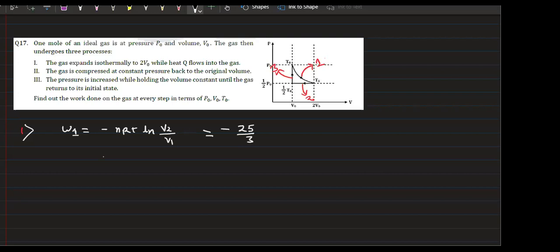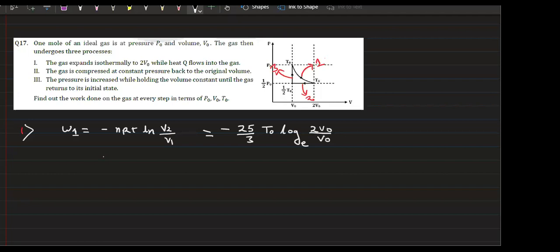Now T. What is T here? What is T in step 1? It is given, right? If you see the graph, it is given. It is T naught. Log base e, I'm just in the habit of writing log, or you can just write ln. It's fine. V2 by V1. What is V2? V2 is 2V naught because it is expansion. So 2V naught divided by V1, which is V naught.